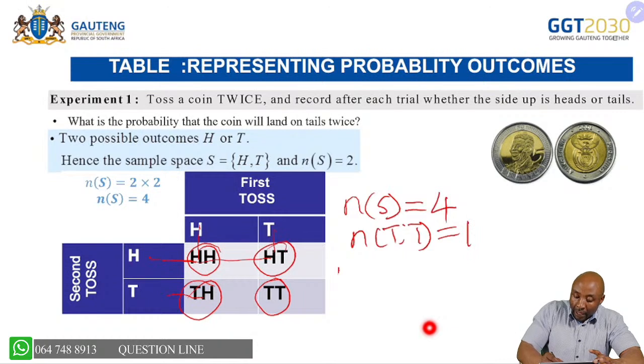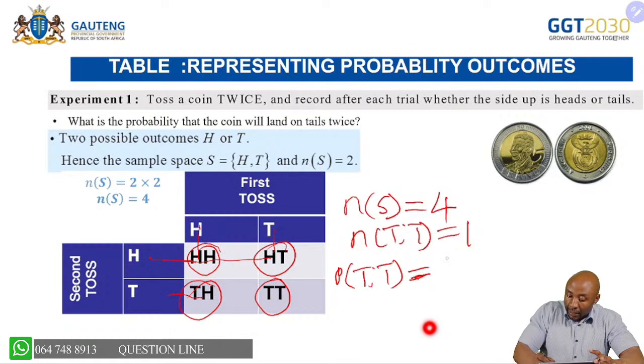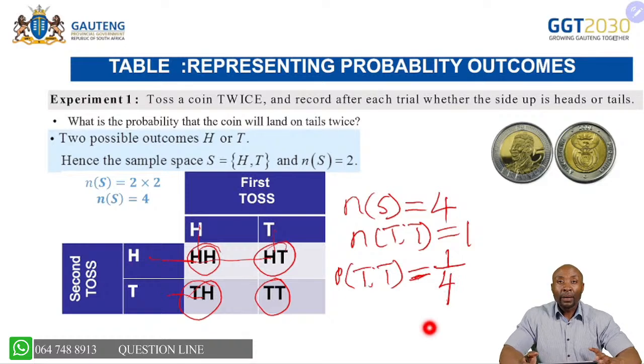And therefore, I can use my probability equation. The probability of getting tails and tails will be given by the number of times I get tails and tails, which is 1, over my sample space, which is 4. So I'm able to determine my outcomes using a table, and I would have solved my problem for the outcomes.